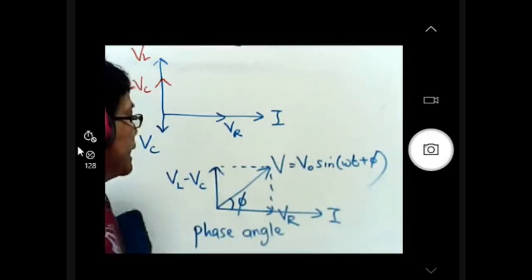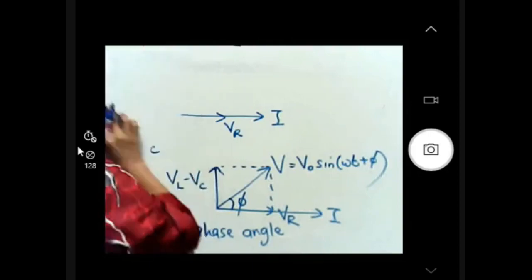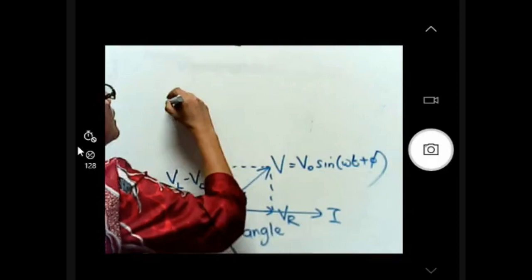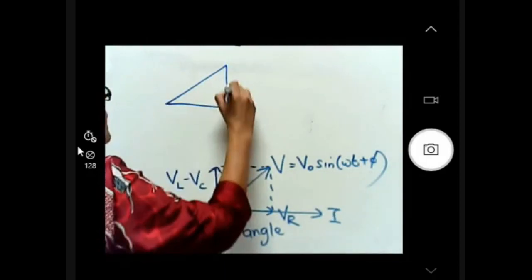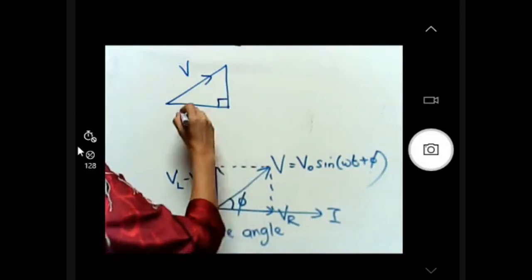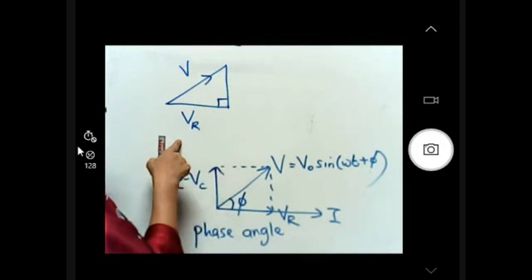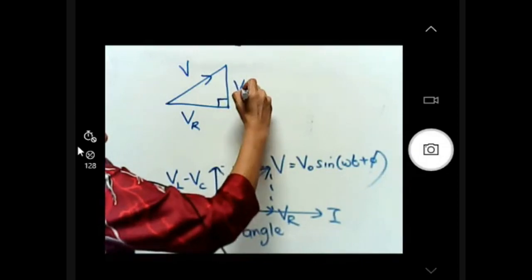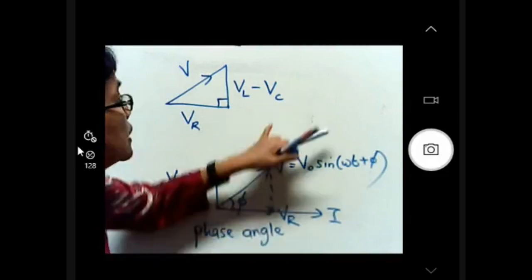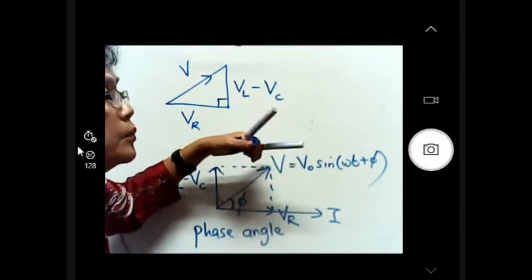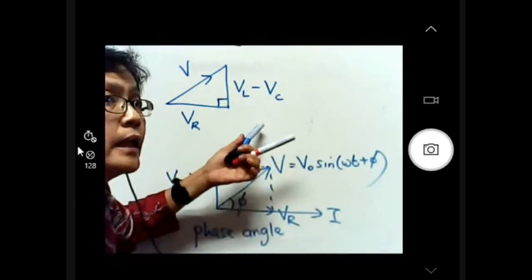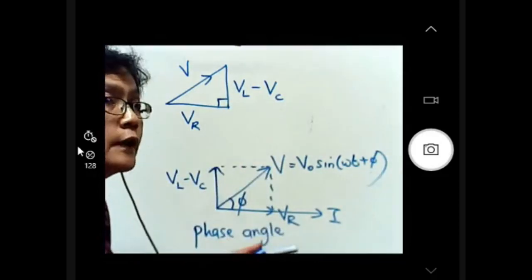That's what it means. Okay. So now, if I want to calculate this value, I will use Pythagoras, of course. So this is the source voltage, this is my voltage across resistor, and this is voltage across inductor minus voltage across capacitor. Of course, if the capacitor value is bigger, then it will be voltage across capacitor minus voltage across inductor. So it depends on the value given.